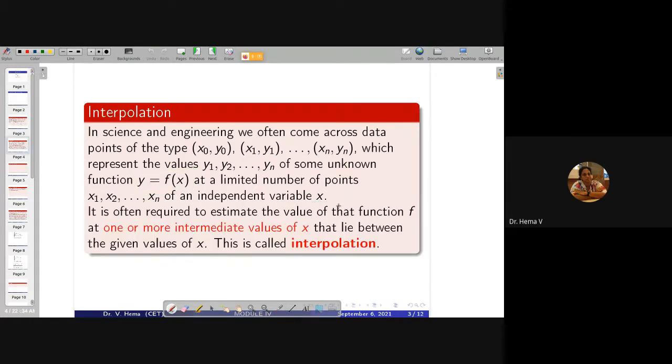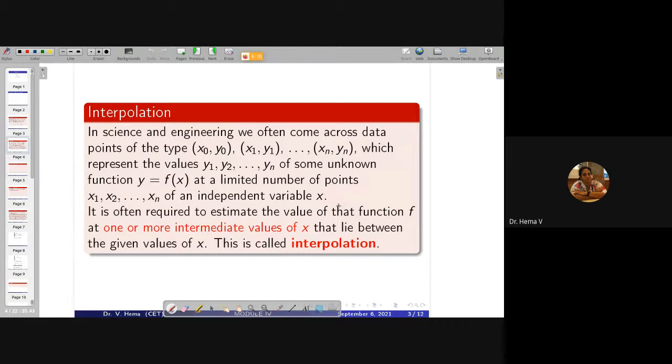Now, it is often required to estimate the value of that function at one or more intermediate values. As I said earlier, we have to find one or more intermediate values of x that lie between the given values. In between, you will find lots more data using the interpolation method.